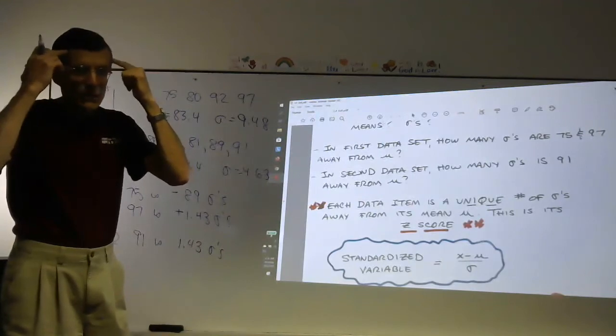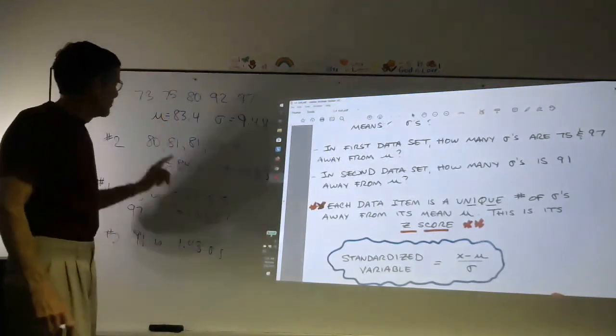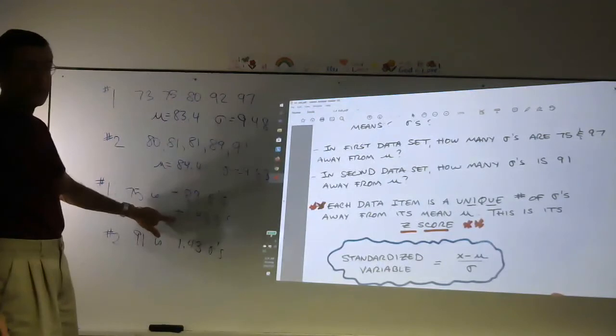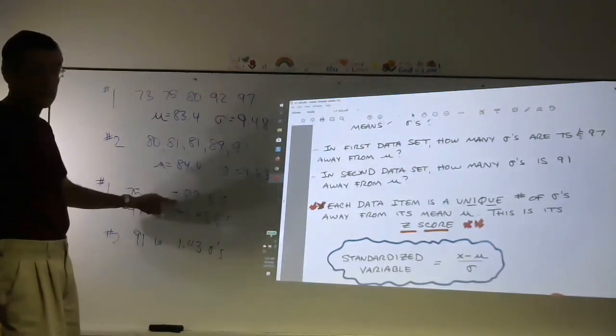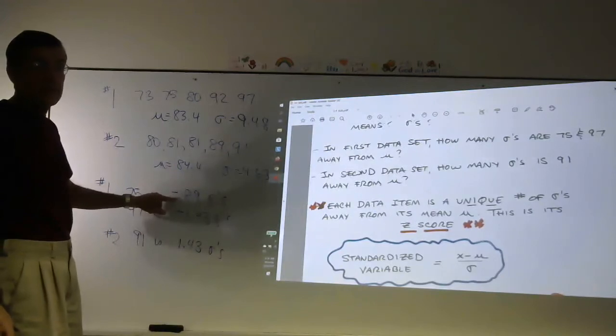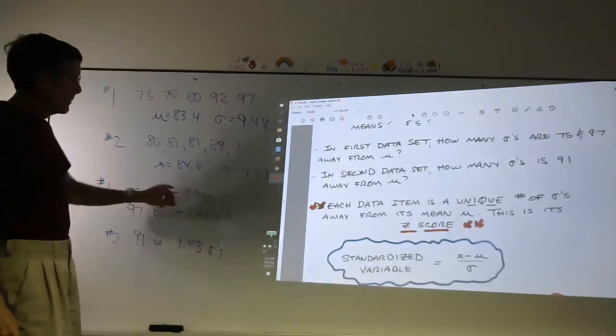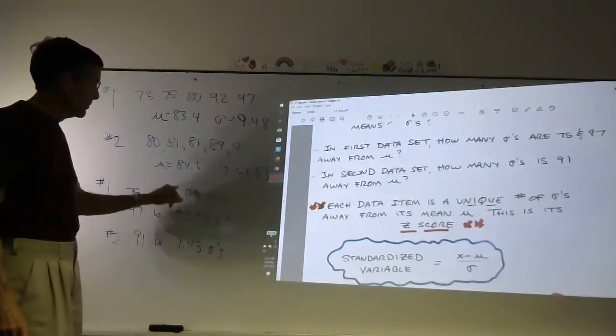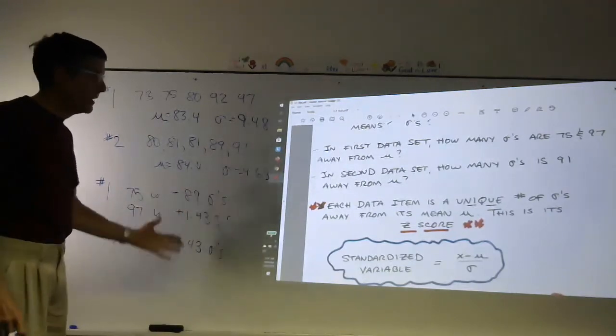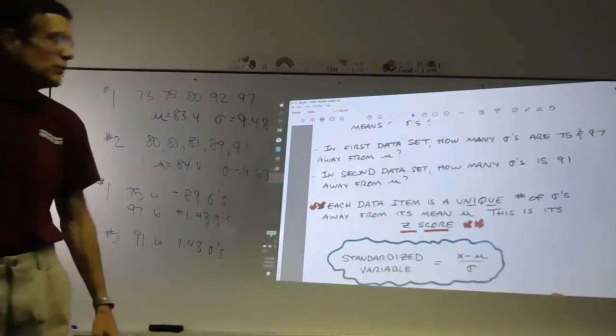Get that into the gray matter. You're going to need that. A positive means that the data item is bigger than the mean. A negative means that the data item is below the mean. But that's all that these scores do. Z-scores simply tell you how many standard deviations it is from the mean.